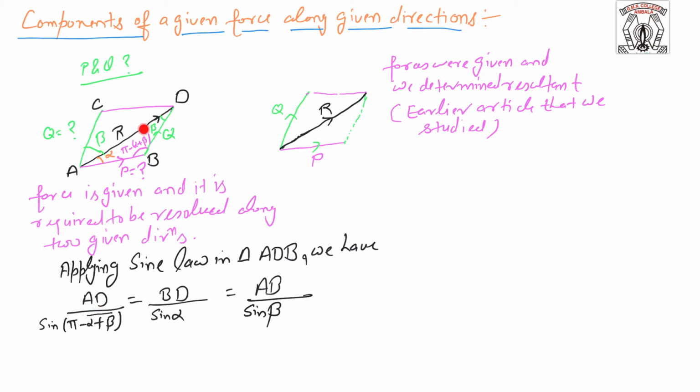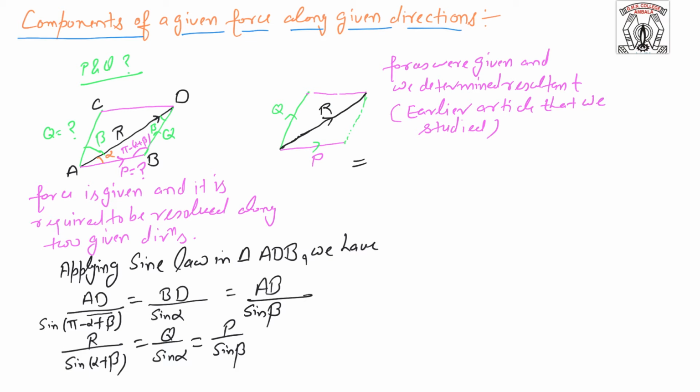Now these sides are representing the forces. AD is representing R, so this will be R by sine (alpha plus beta), since sine of pi minus (alpha plus beta) is sine (alpha plus beta). BD is representing Q, so this will be Q by sine alpha, and AB is representing P, so this will be P by sine beta.